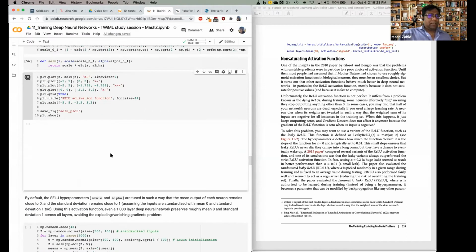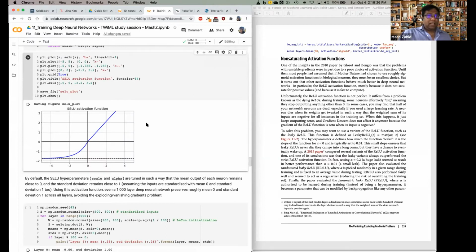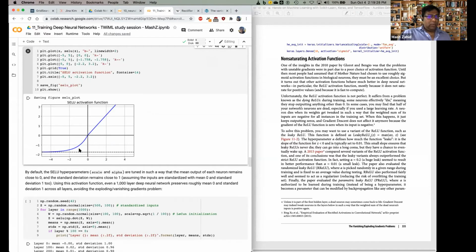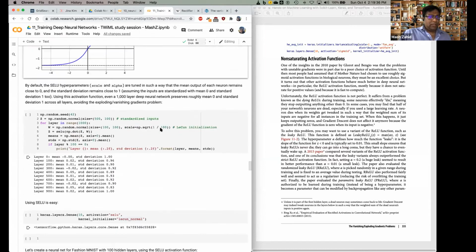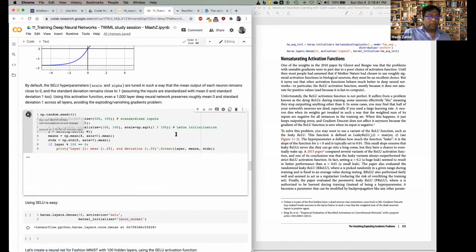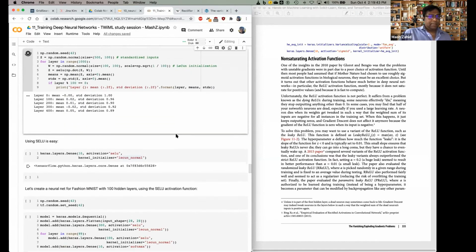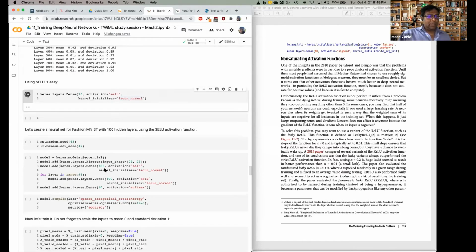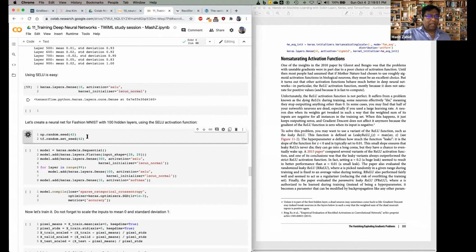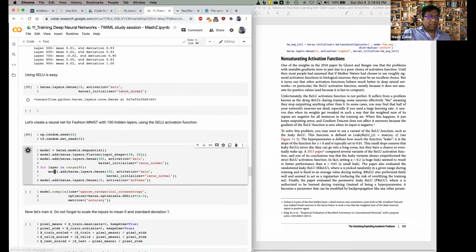If you plot out the SELU, it will look like this, where you can see it expand out. Maybe we should try to expand out the plot ranges. But if you set up all the parameters right, and then you call it and initialize it with the Yann LeCun normal initializer, I want to get us going again using Fashion MNIST. Set this up.